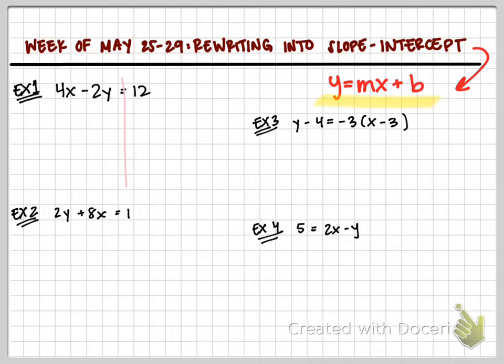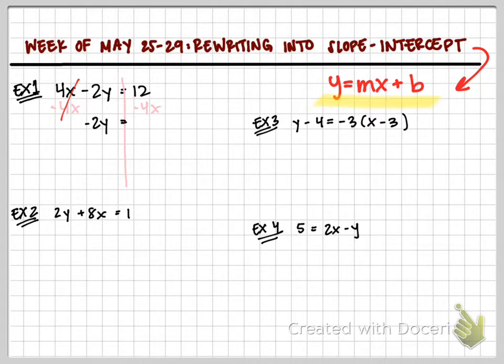Since it's positive, and if I want to move it, I need to do the opposite. So I'm going to subtract 4x. And whatever I do to one side, I do to the other. I know that these will cancel, and I will be left with negative 2y equals.